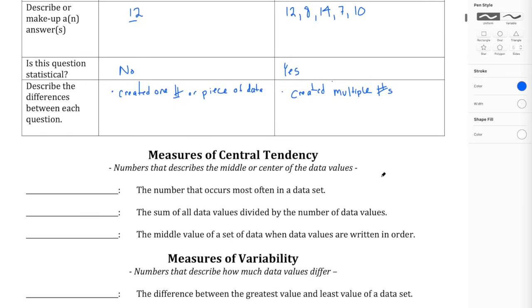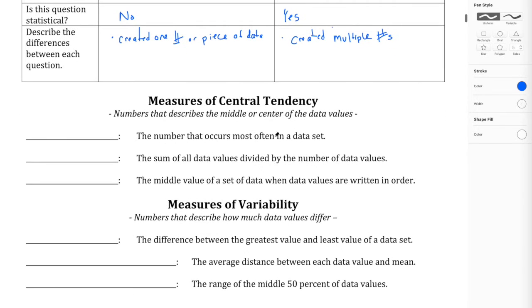Some other things that we're going to need to know about in this unit are measures of central tendency. Anything that's a measure of central tendency is trying to describe the middle or center of the data values. The number that occurs most often in a data set is the mode. It is a way of describing the center. The sum of all data values divided by the number of data values is the mean.